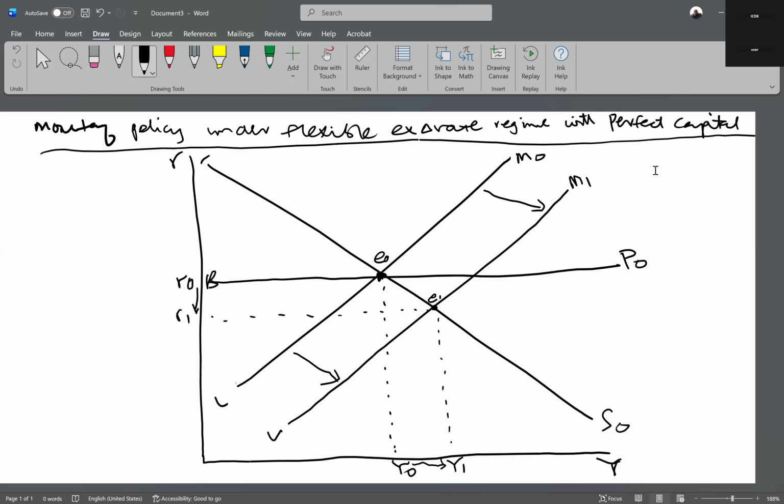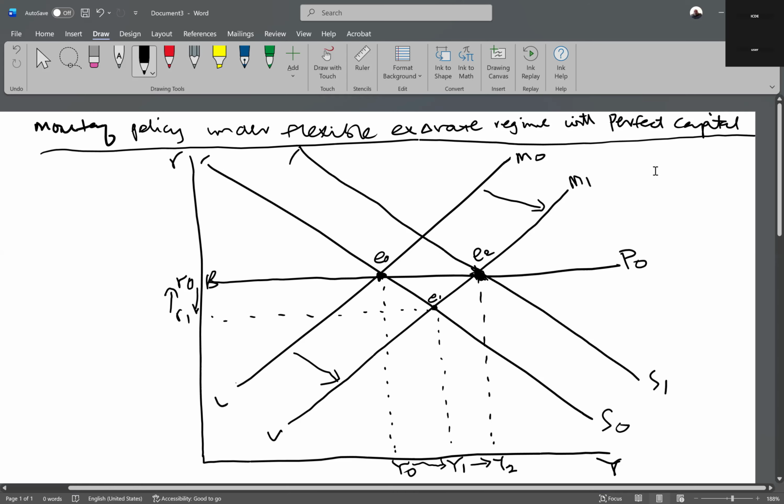There will be a balance of trade surplus, so it will cause the IS curve to shift to the right, to IS1, where we will be at E2.